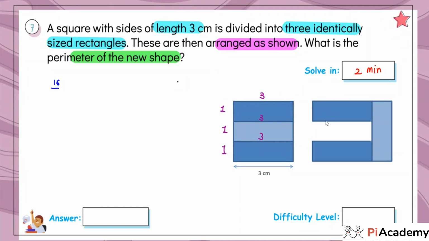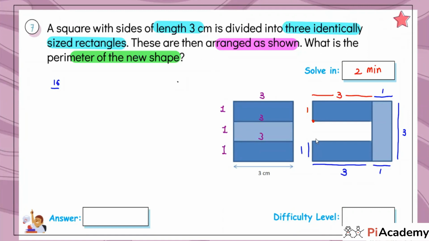Let's start from this point, okay? So this is 1 centimeter. Now up to here you have 3 centimeter, right? I am mentioning the line as well, so it's very clear. This is 3 centimeter. Then this dimension is going to be 1 centimeter. Then this one is again 3, because we know all the rectangles are of length 3 centimeter, right? Now this one is just 1 and this one is 3 centimeter.